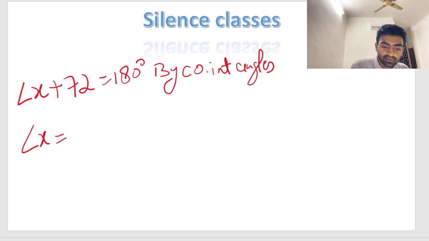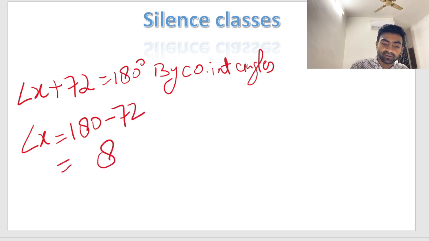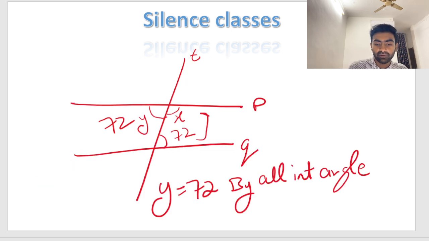We send 72 to the right-hand side, plus will become minus: 180 minus 72, which is 108. So angle x is equal to 108 degree. I hope you guys understood. We got the value of x and y.